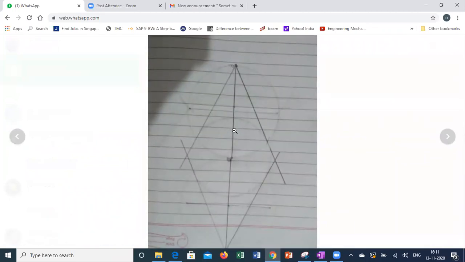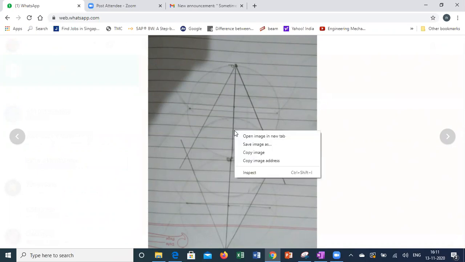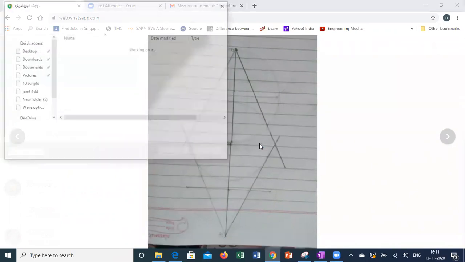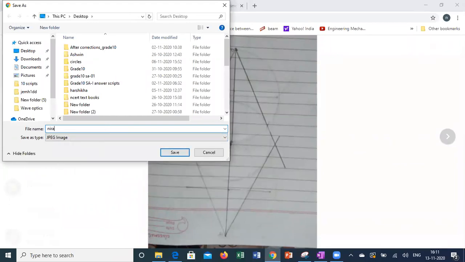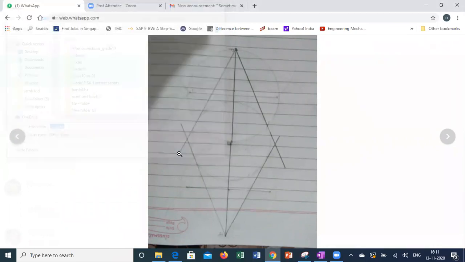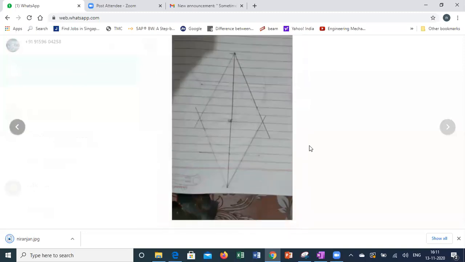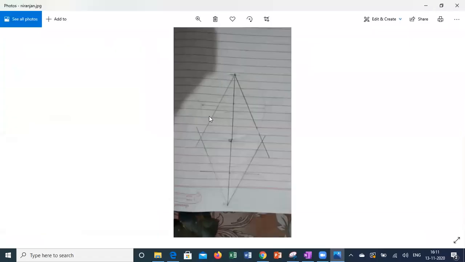So this is the solution by Niranjan, sir. The given circle I am unable to see. Okay, sir, I will draw it. I will show you. So next question you try. The given circle, you can see on my screen. The main given circle of 3 centimeter radius I am unable to see.